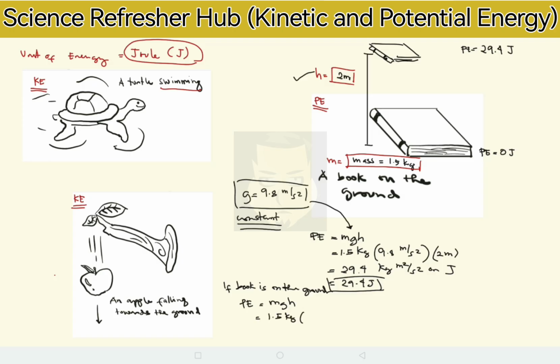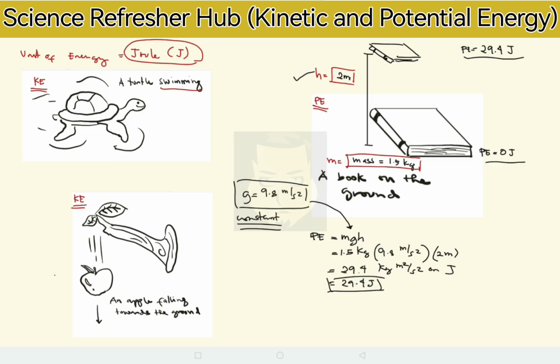Gravity is constant, so you can just put it there, 9.8 meter per second squared. And then the height, since it's on the ground, that's the book, so no height, 0 meter. Every number multiplied by 0 results in 0, so that's why it's 0 joule. On the ground it's 0, above the ground it gains potential energy.